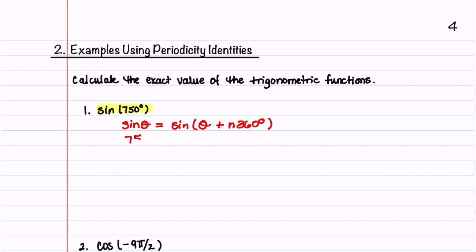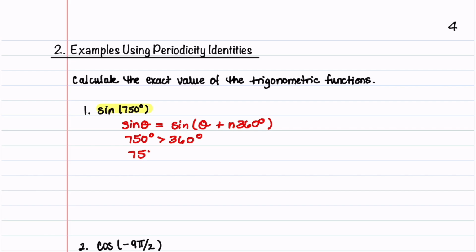Since 750 degrees is greater than 360 degrees, we'll need to subtract multiples of 360 degrees until the remaining angle is between 0 and 360 degrees. Let's go ahead and do that.